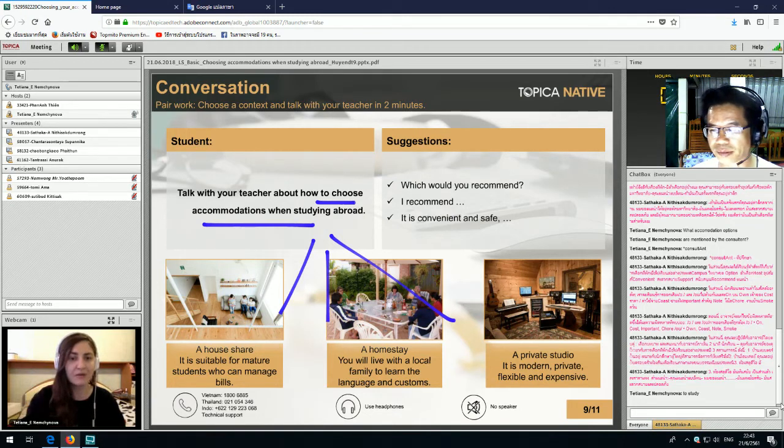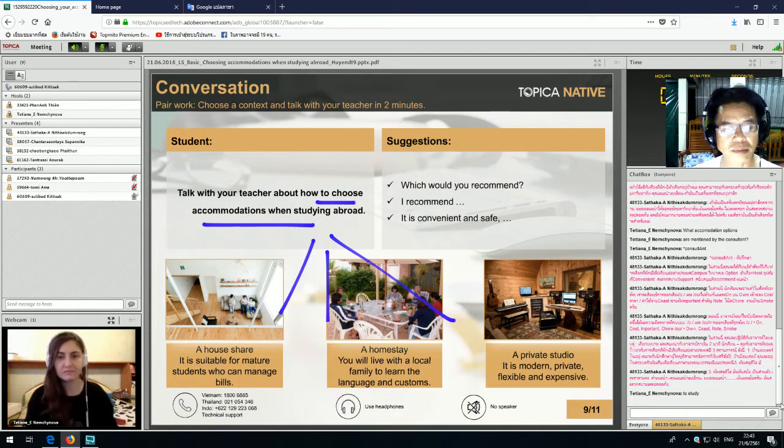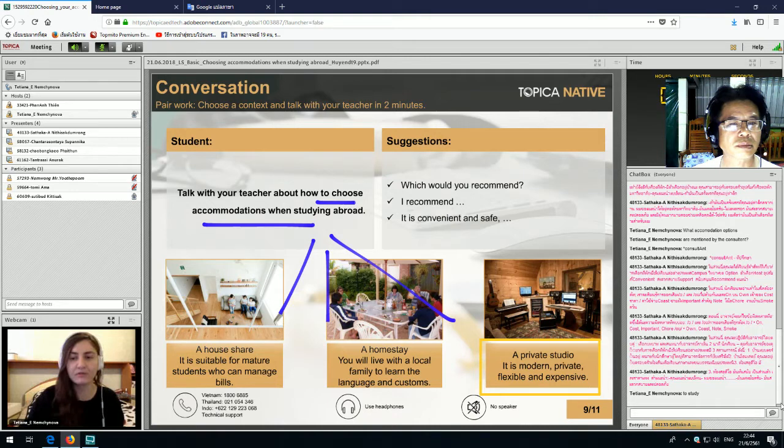What about you? So what would you recommend me? I recommend you to stay in a private studio. Okay, tell me why. What are the benefits of staying in a private studio?